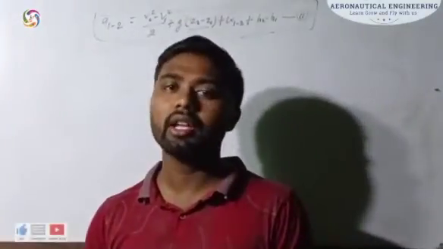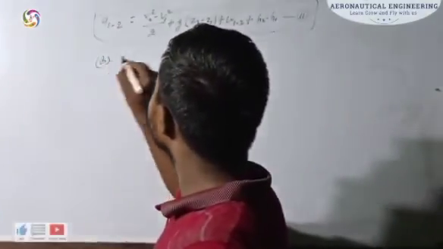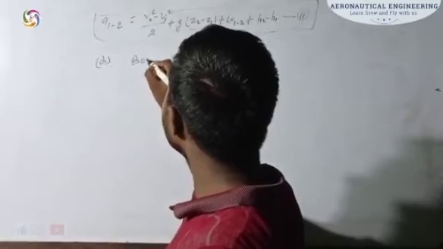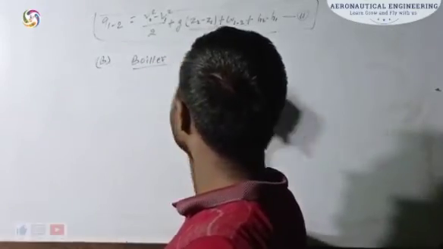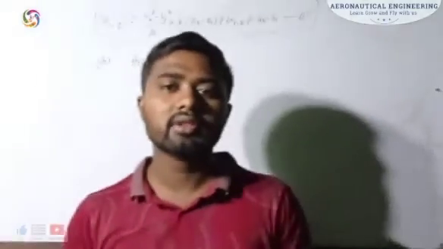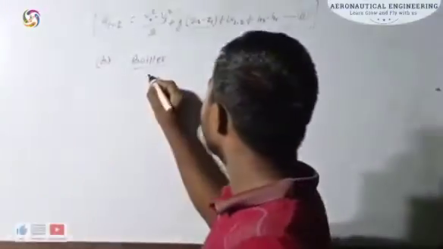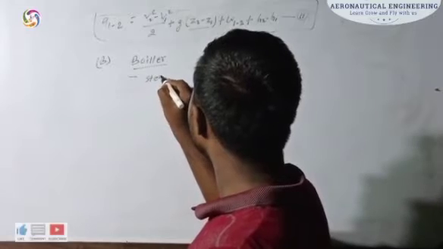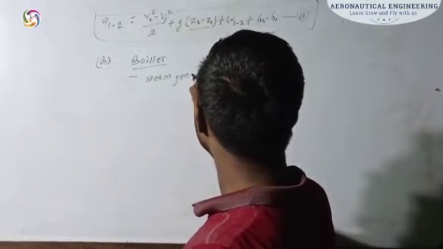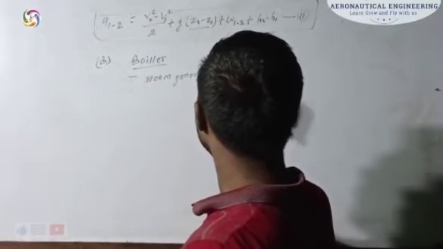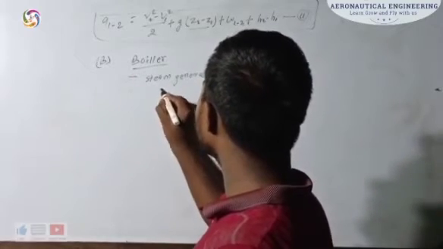Now the case of the boiler, the second application. A boiler is a device whose main function is to generate steam, so you can also call it a steam generator. Suppose this one is a boiler.